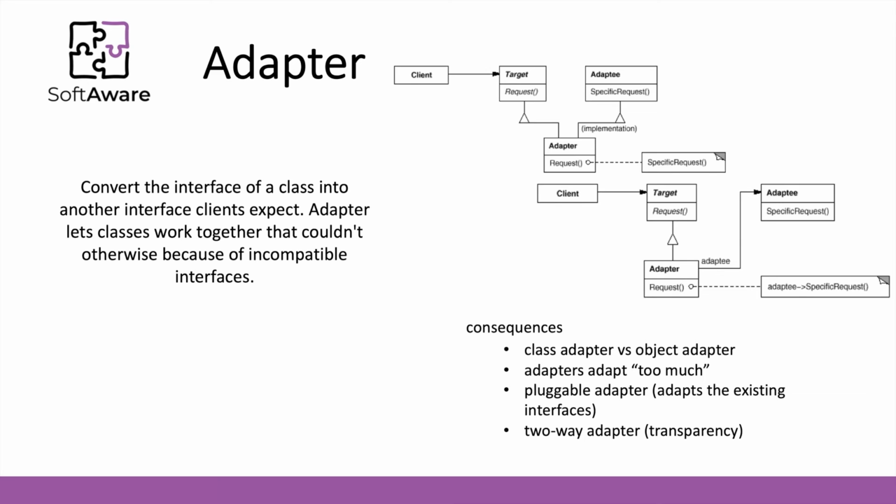It makes it hard to override adaptee behavior. It will require subclassing the adaptee, and the adapter can then refer to the subclass rather than the adaptee itself. There are also some other consequences to consider.